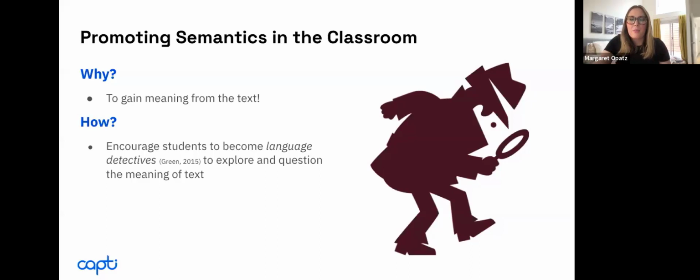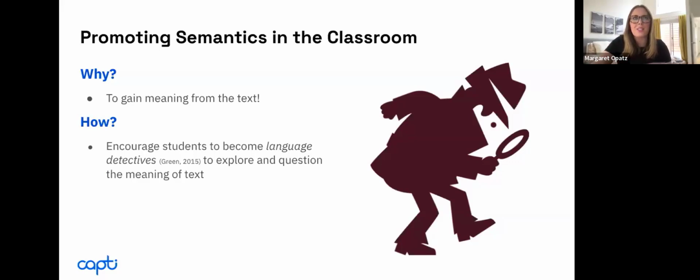So now the next question would be, how do we do this? I think the best way is to encourage students to become language detectives. We want them to explore and question the meaning of a text. We want them to wonder, well, what does that mean? Or like when I showed you the dependent clause example, we want students to say, well, that doesn't make sense. What happened when the dog spends time in his crate?